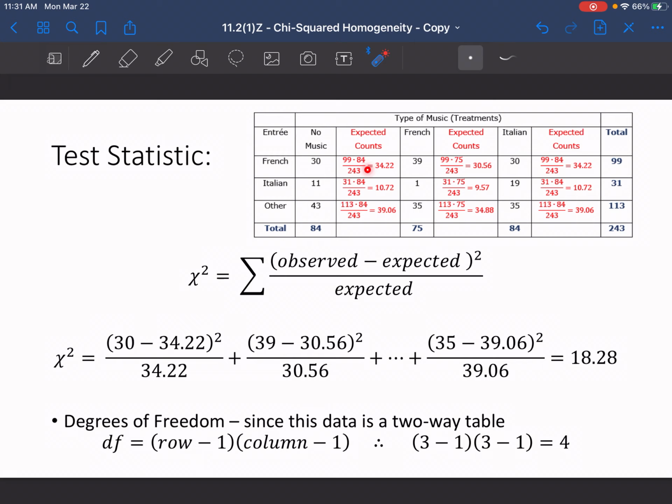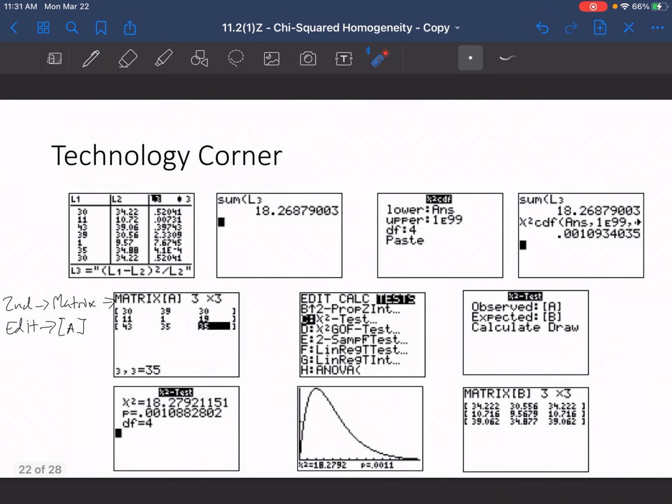You don't have to enter in all of your expected values because the calculator is fairly smart and it's going to understand that when you go to run the chi-squared test, which is in stat, then arrow over to tests, and then scroll, you might arrow up to go to the bottom of the list and find C where the chi-squared test is. Once you have entered in the observed matrix A, the expected matrix B will automatically fill in all of the expected values.